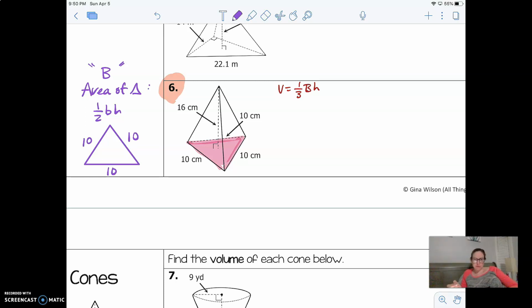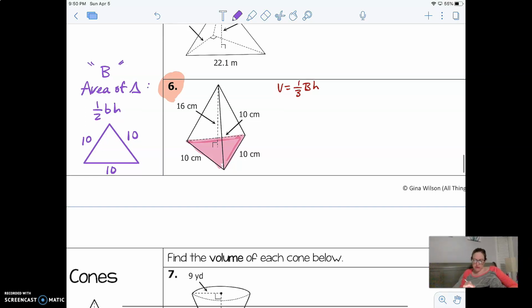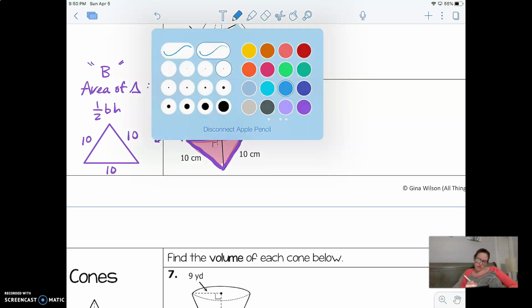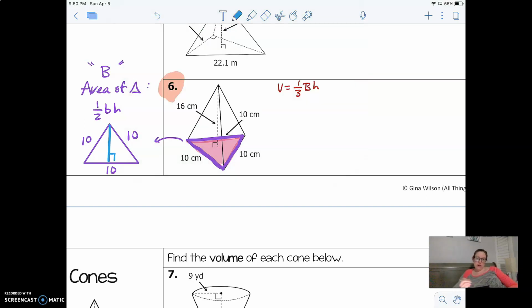No. Okay, so all I did is I'm just redrawing this highlighted base right there. Because in order to find the area of that triangle, I need to find the height of it, which is going to be this right here, drawn inside. But since that's an equilateral triangle, there's a special little fact about equilateral triangles.